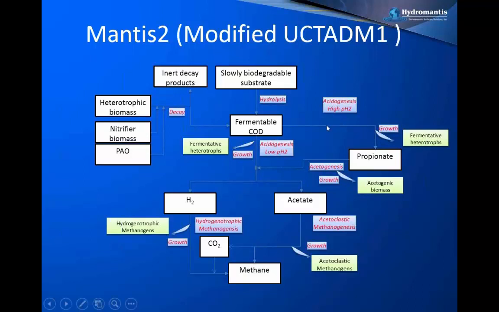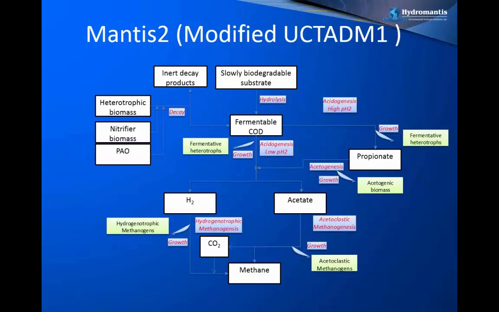So the scheme of degradation after the fermentable COD is to have basically the fermentation from the fermentable COD and produce basically acetate, hydrogen, and propionate. So those are the three key intermediates that are being considered in this model.